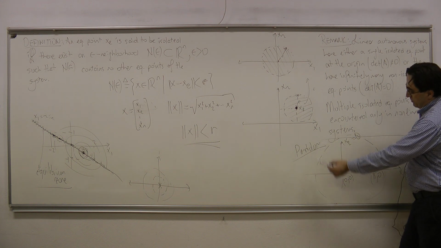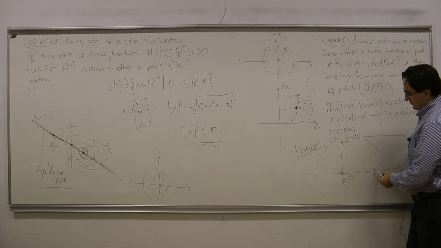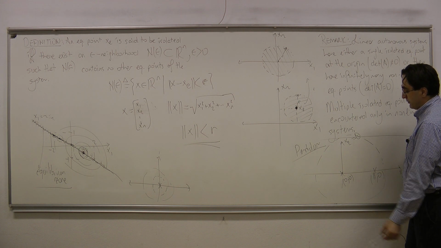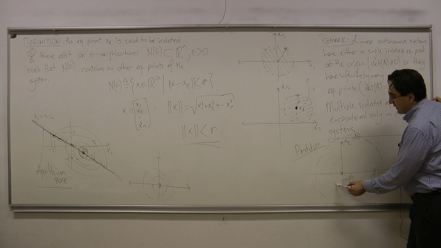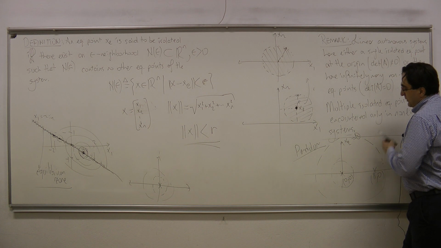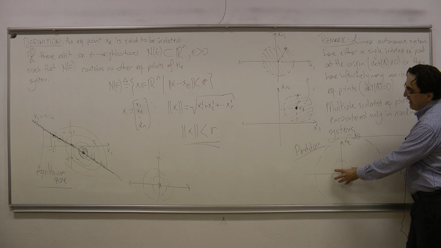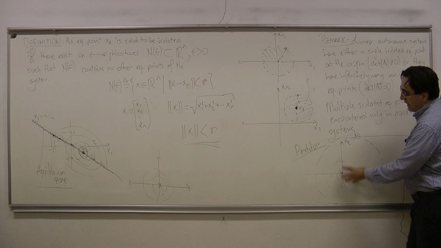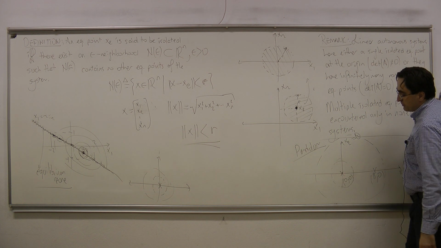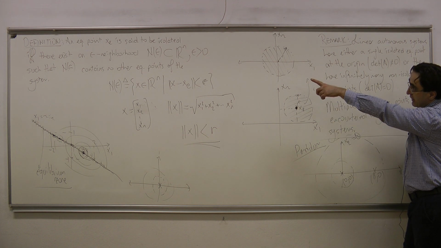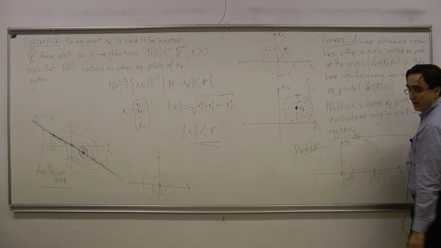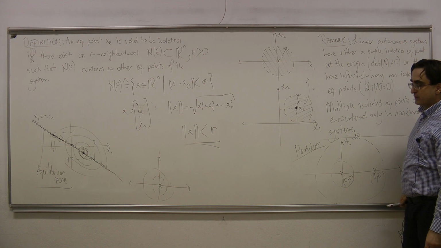This epsilon ball does not satisfy the property because there is another equilibrium point of the same system in the same epsilon ball. But what about this one? If I make the epsilon smaller, I can find an epsilon ball around this equilibrium point for which the property is satisfied. So I can call this equilibrium point an isolated equilibrium point of the system.